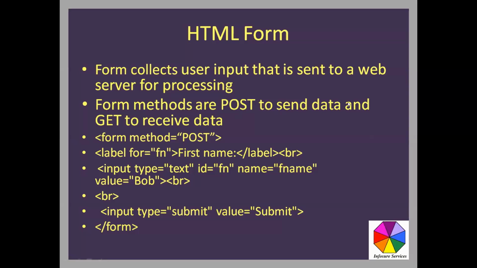Post sends the data to the server, and get receives the data from the server. Like earlier we saw, we send in the URL q equal to New York. That q equal to New York is a key which is doing a get operation. That means typically a search, so you're getting the weather for New York.